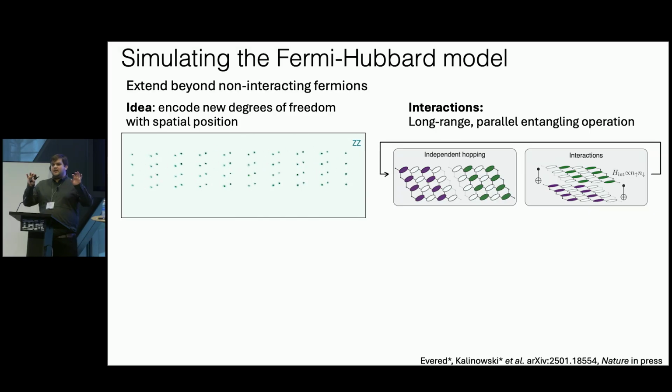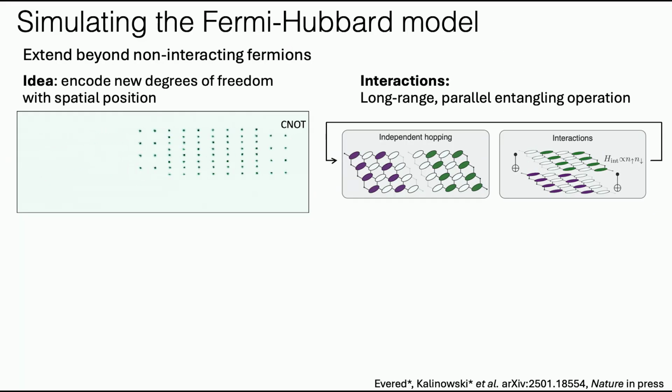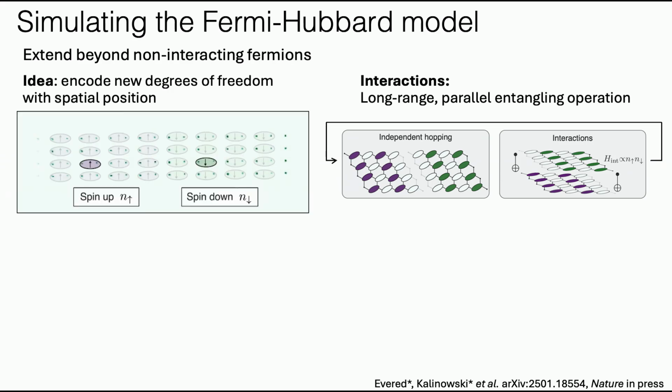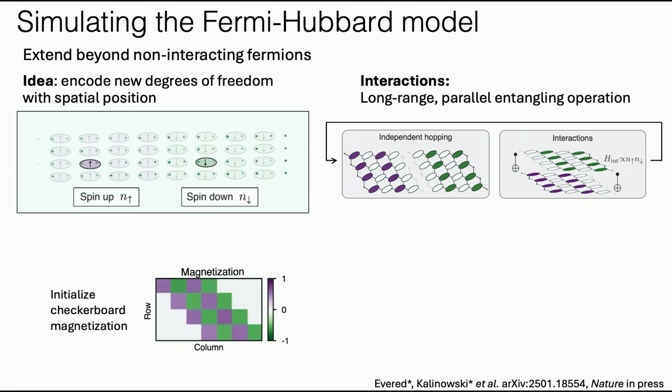So we have this independent hopping in the two halves, and then we bring the left half over and apply gates with the right half. And then we repeat this several times. We can start the system in many different initial states by just applying local qubit operations, which create the right structure of fermions in this encoding.